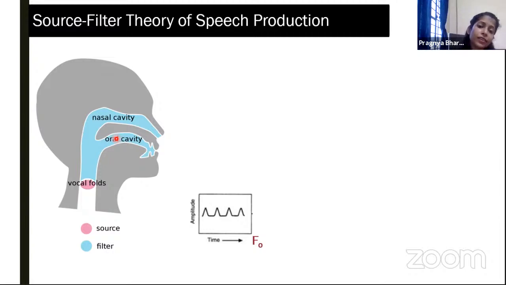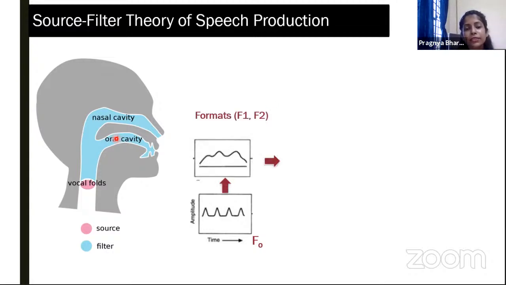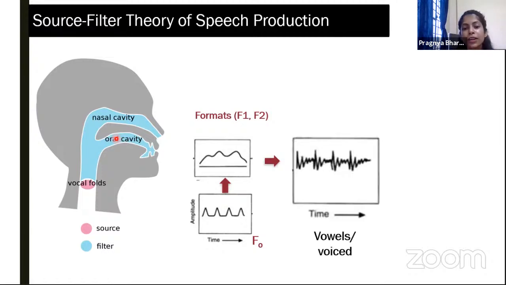So that adds a different filter configuration to the glottal pulse. This filter effect that the vocal tract has gives rise to what are known as the formant frequencies. And altogether, we get the product of the source and the filter effect. So for a voiced sound or a vowel, we get a periodic waveform which has the formant frequencies, but it repeats itself at a period which corresponds to the fundamental frequency.